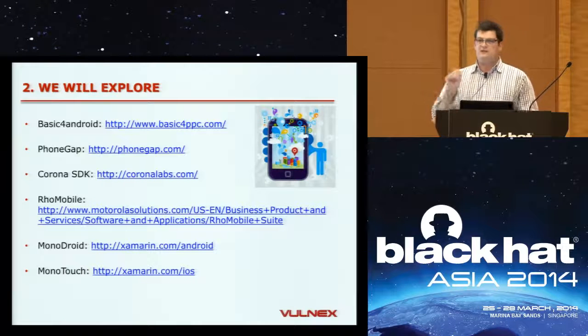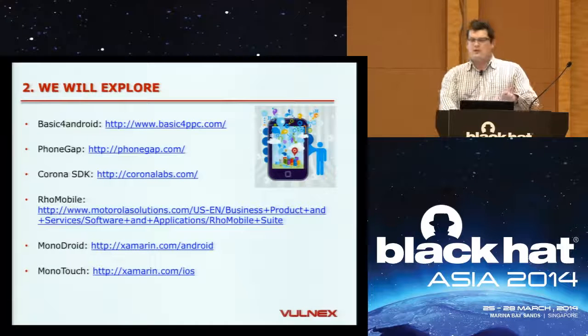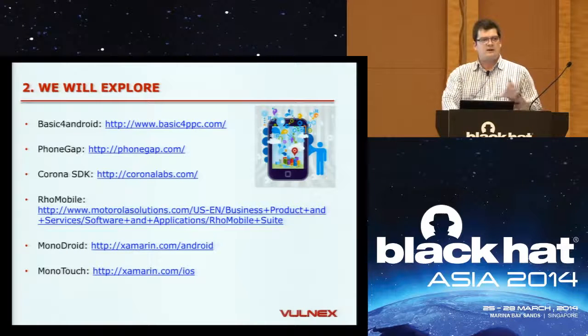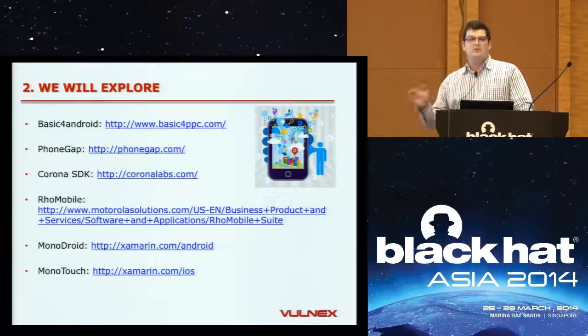Actually, you can just develop for MonoDroid or you can just develop for MonoTouch. So that's the reason I have also put them in separate categories. So we will focus on those mobile technologies, but if you look around, if you do a Google search, you will find many more mobile frameworks. But I think those are the most popular frameworks at the moment. So that's the things I want to focus on.